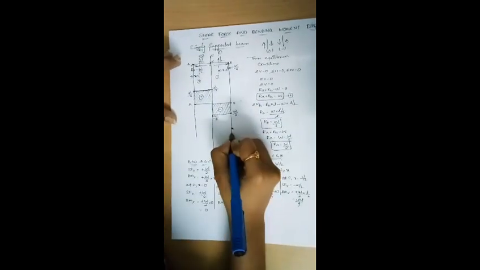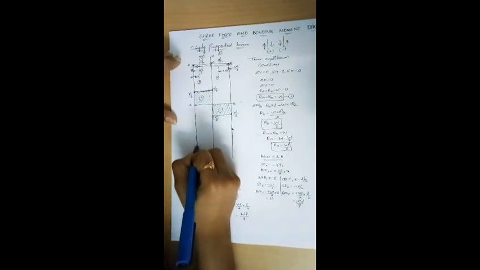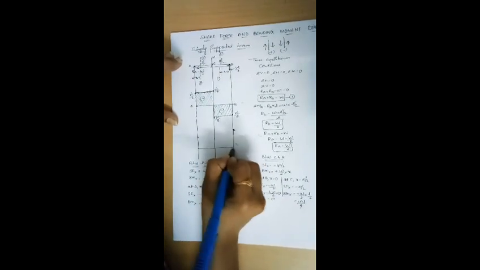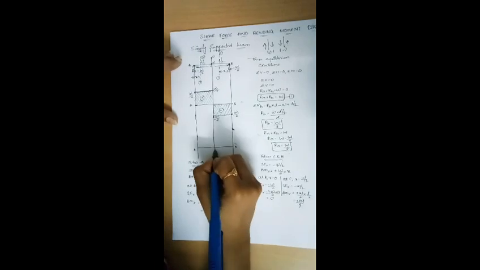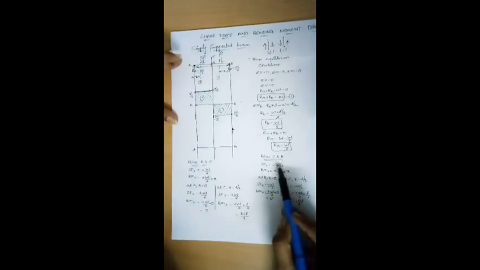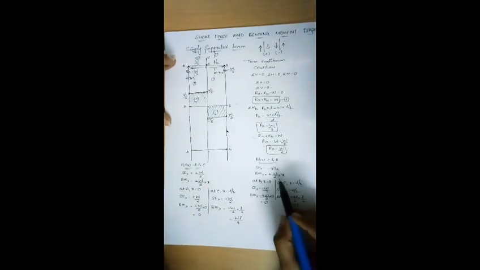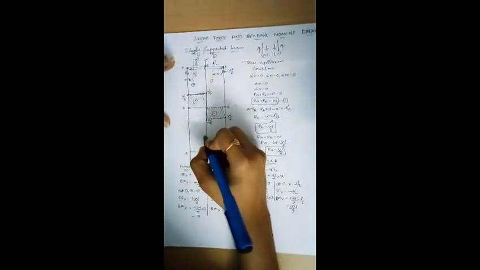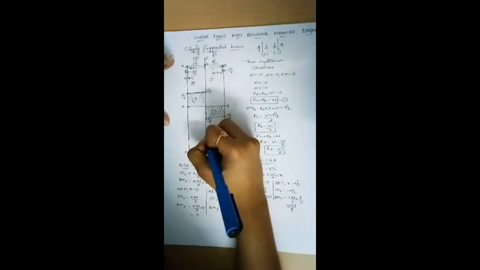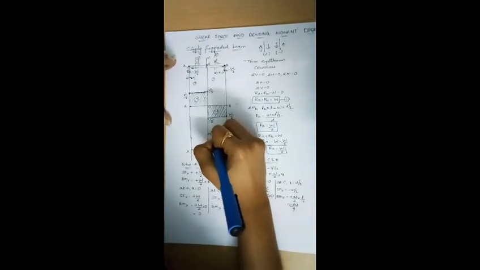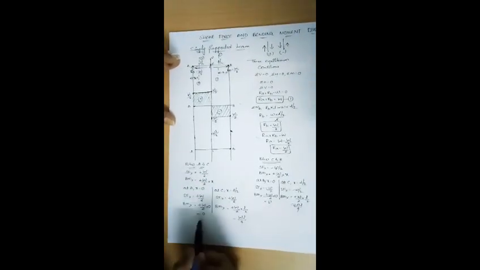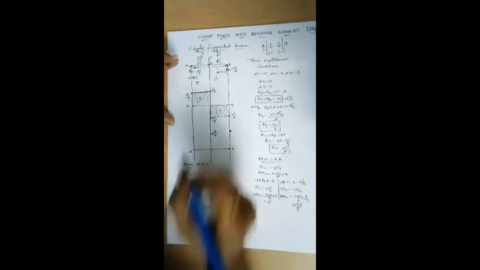Now bending moment diagram. A, B and C. At B, bending moment is 0. At C, bending moment is plus WL by 4. At A, bending moment is 0.